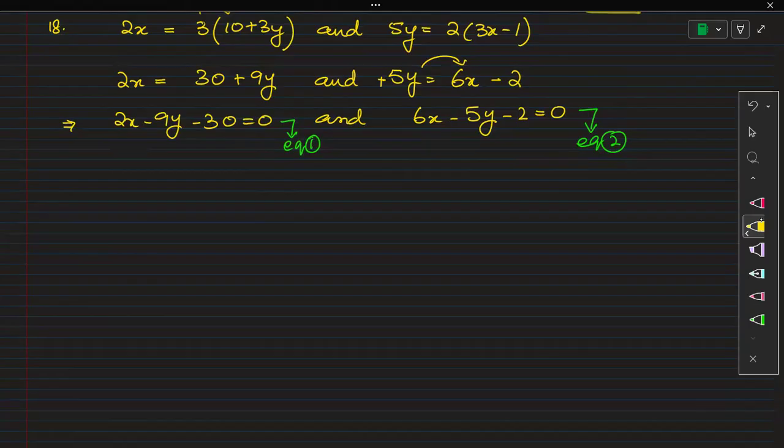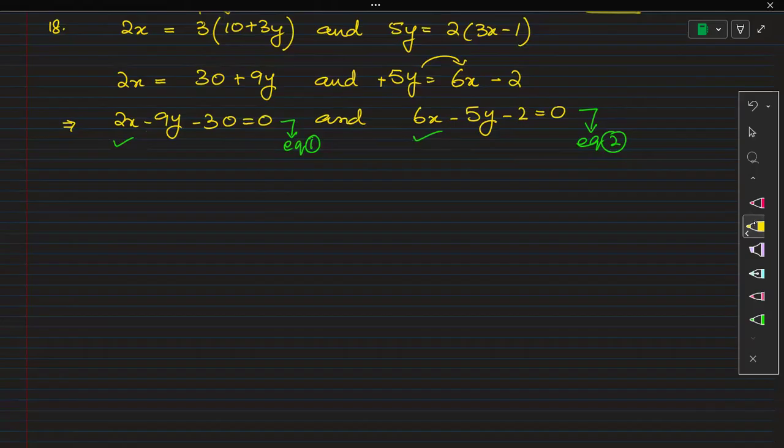Either you can choose x and make it the same in both of the equations, or you can choose y and make the y the same in both equations, right? So again, I'm going to make x the same. So this 2x and the 6x, I'm going to make them the same, right?